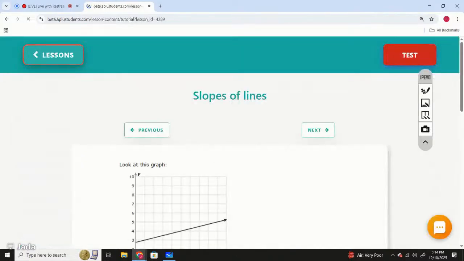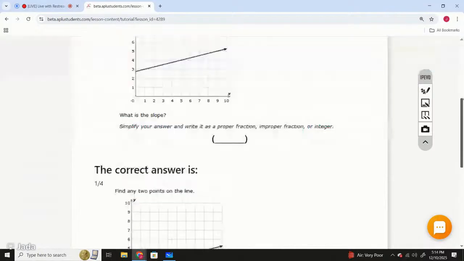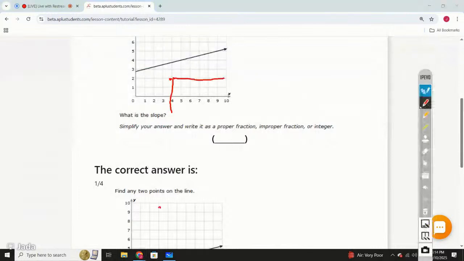Look at this graph. We need to find the slope of the line using the graph. You can select any 2 points on the graph. Here is the first one and here is the second one. Then you have to make a triangle over here. Now this is 1, 2, 3, 4, and 2. We need to find the slope. The slope is change in y divided by change in x, right?